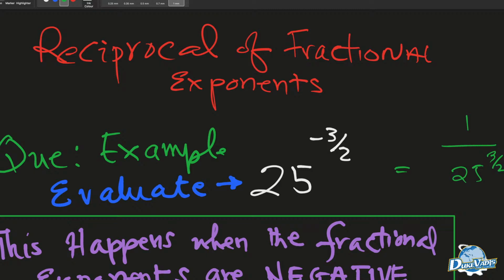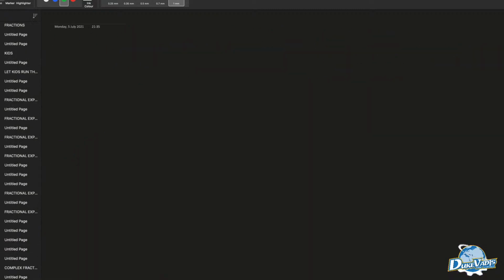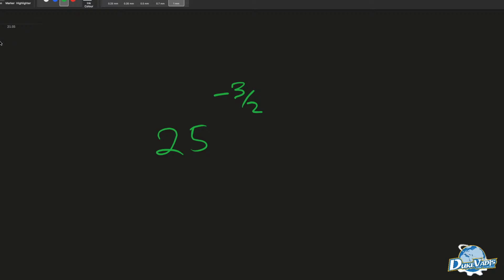Without wasting time, let's break this equation down and see how best we can solve it. Let's open a page. We have 25 raised to the power negative 3 over 2 as a fractional exponent to be computed. How do we go about it? It's so easy. As I've told you, this is nothing but 1 over 25 raised to the power 3 over 2.